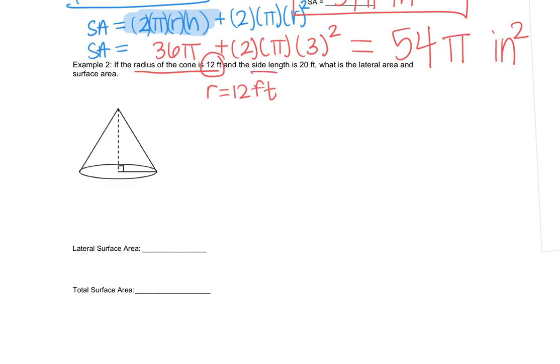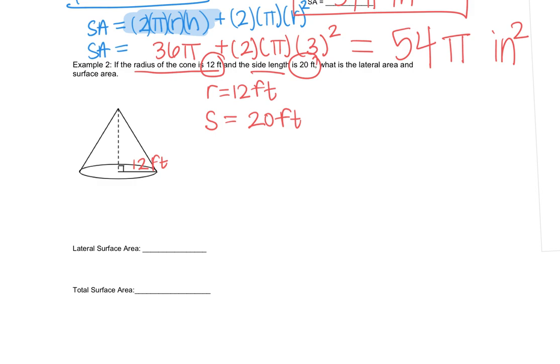They told me that the side length is 20 feet. So S is 20 feet. You have to read what it's saying so that you can get your right answers. All right, so I am going to put 12 here for my radius.